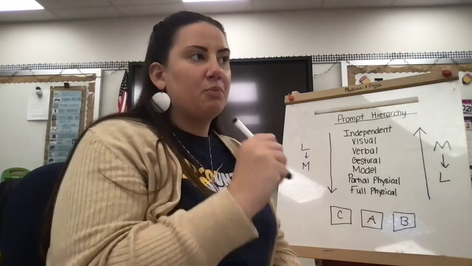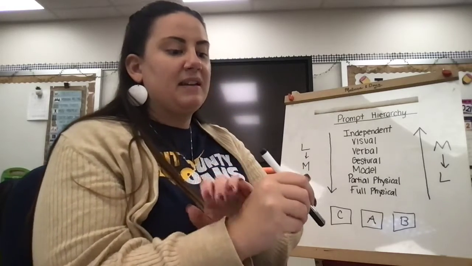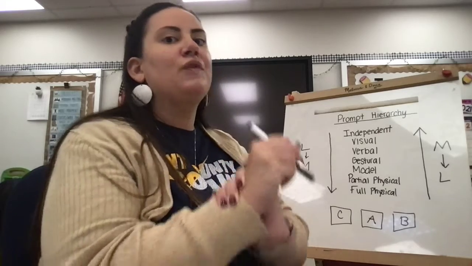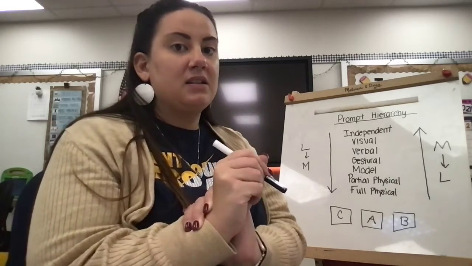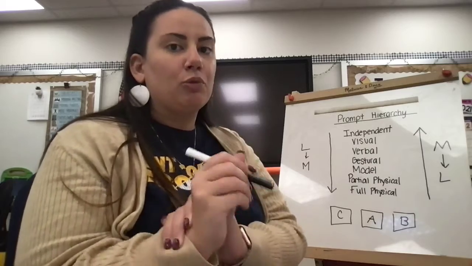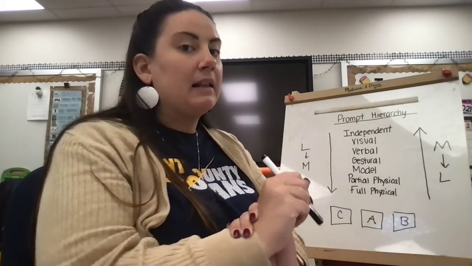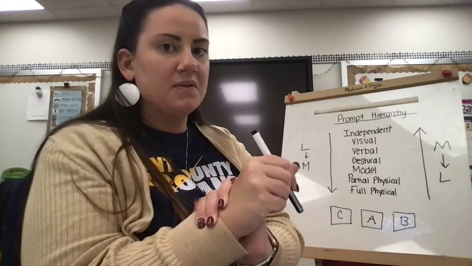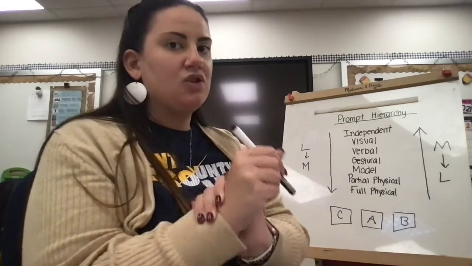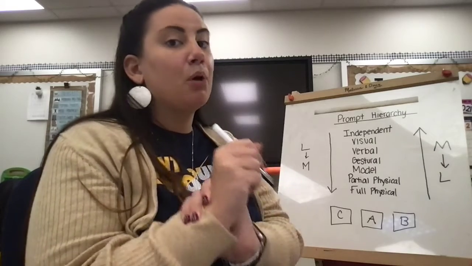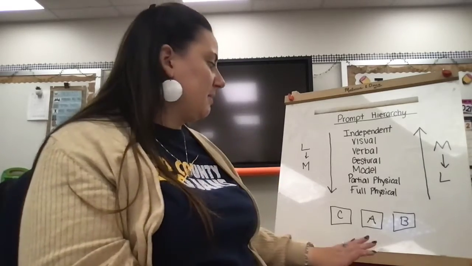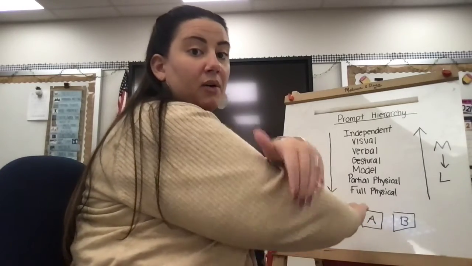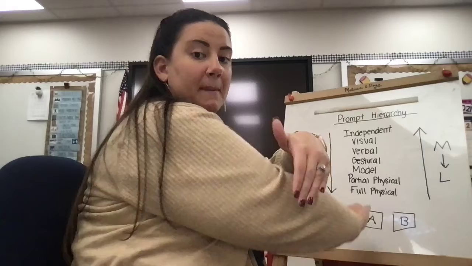A partial physical prompt for writing your name could be like your support at the wrist, but you are not moving the child's hand, controlling all of those letter movements. You might keep them in a line, or you might help them space their letters, but you are not forming their letters. You are just partially helping them. That's a partial physical prompt. To get them to pick up the letter A, you might tap the back of their elbow and say, pick up the letter A. Come on, pick up the letter A.